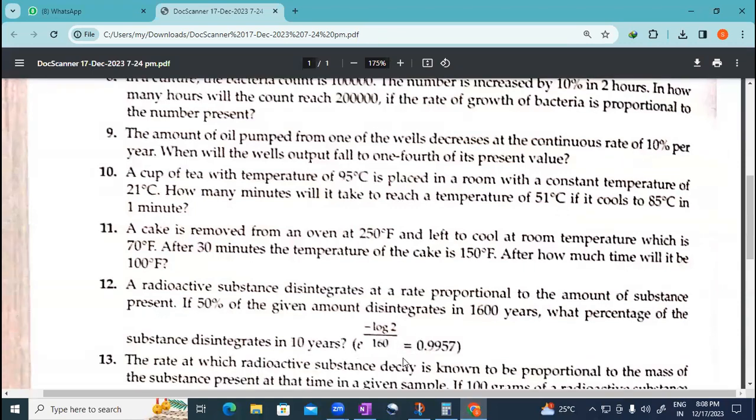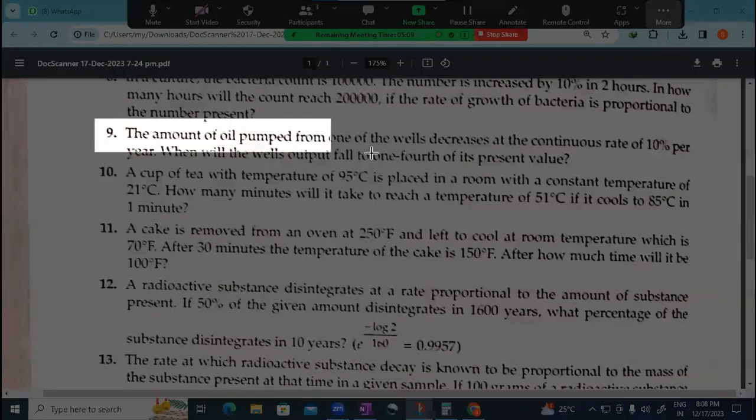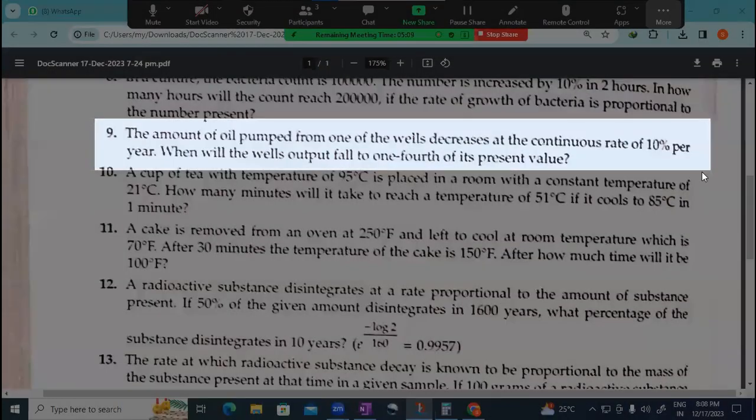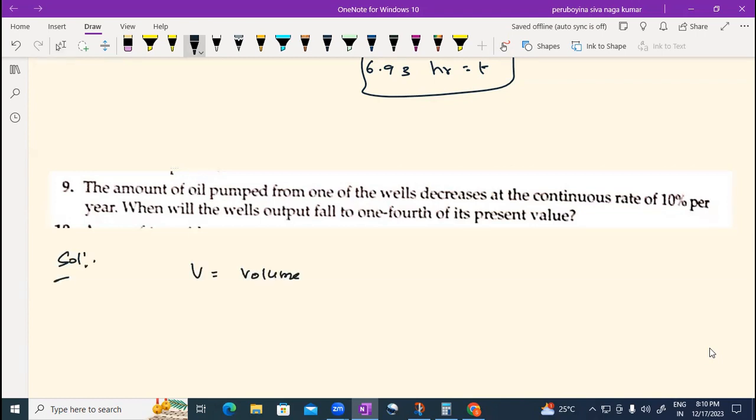Copy this ninth question. So write down solution. V is equal to volume of oil. So dV by dt is equal to how much?